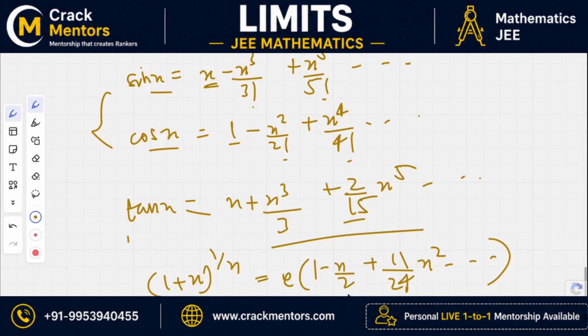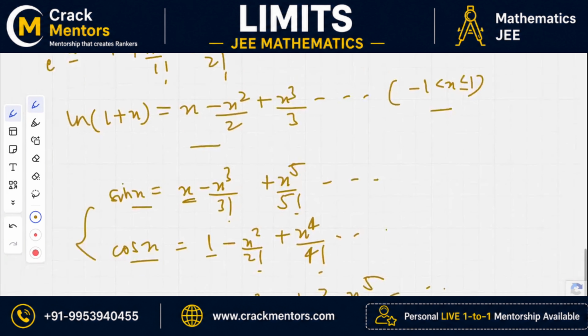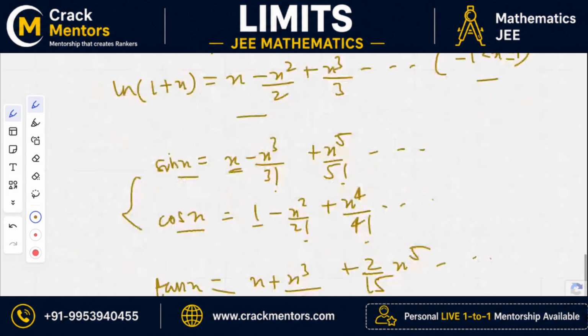Similarly here also the coefficients are random. You only need till here. And all of this is derived from Taylor Maclaurin series, but that is not part of our syllabus. You can just keep them in your head.